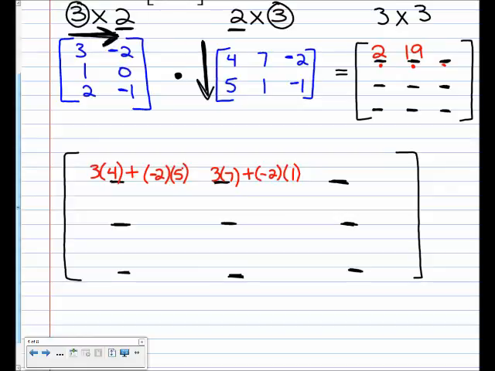It'll be the first row times the third column. So 3 times negative 2 plus negative 2 times negative 1. Which is negative 6 plus 2, which is negative 4.